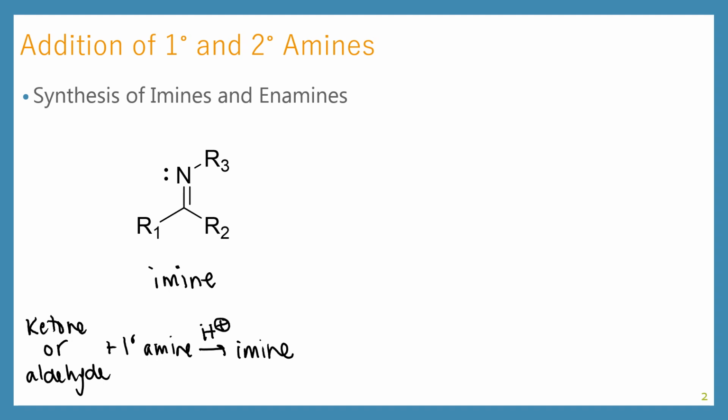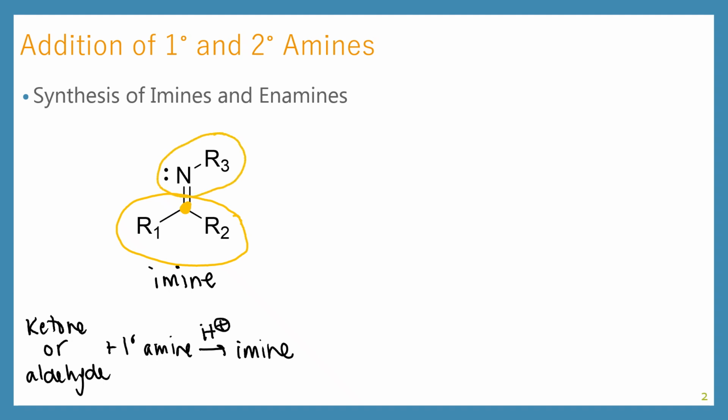And we can identify an imine by noticing that we have what essentially looks like a carbonyl, but with a nitrogen on it instead. So this actually would have been our carbonyl carbon. So whatever our carbonyl was, in this case it would have been a ketone, it was here. And this would be the structure of our primary amine.